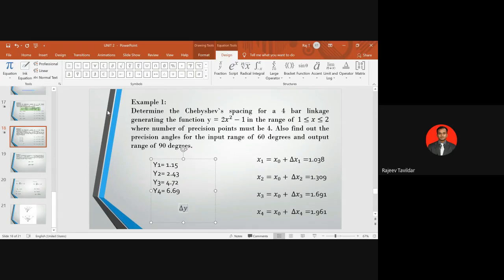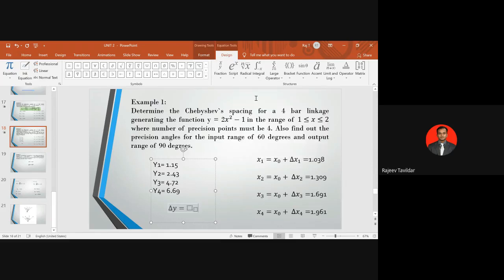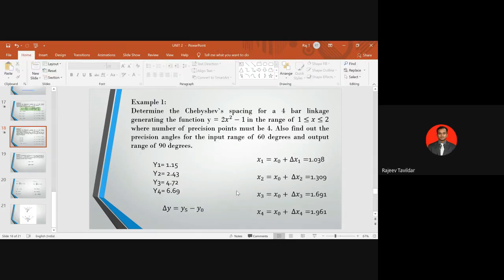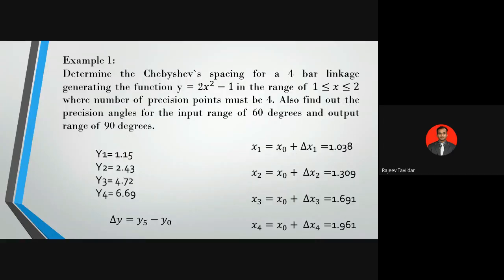Delta y will be equal to y5 minus y0. I'm sorry, I should have told you this.